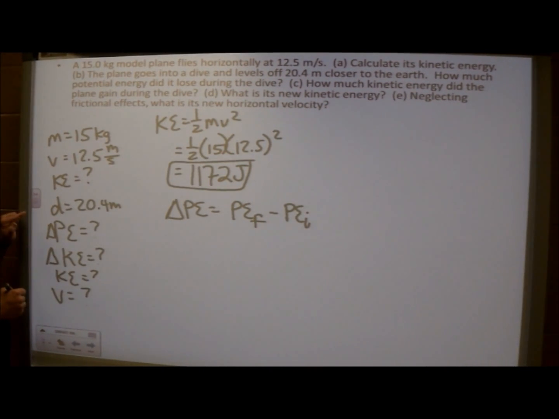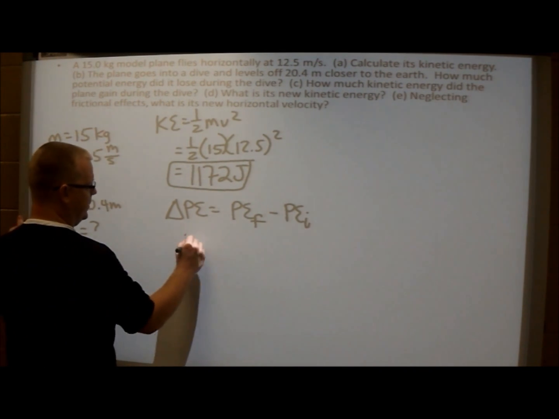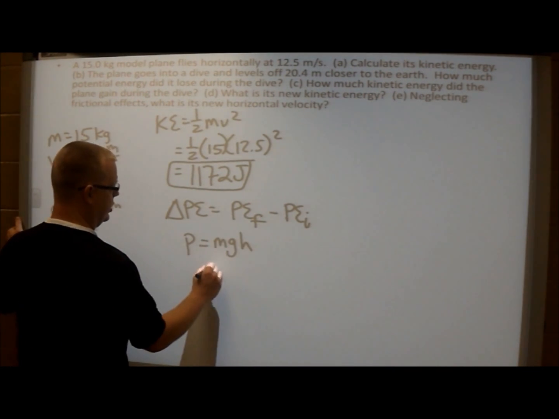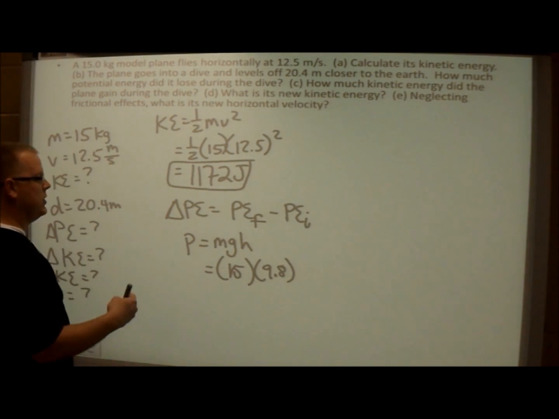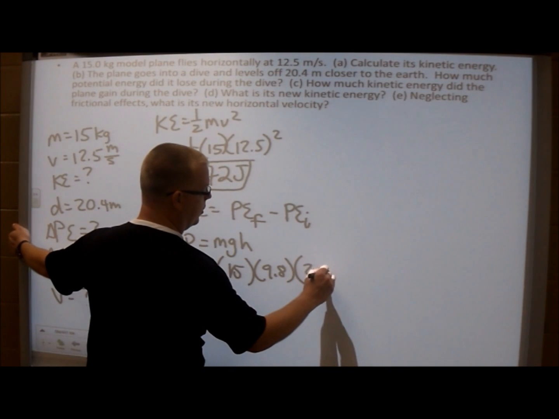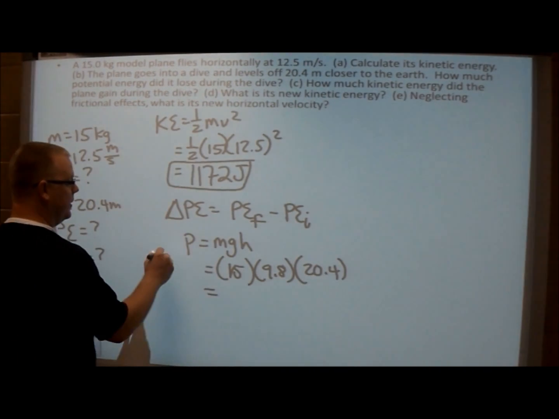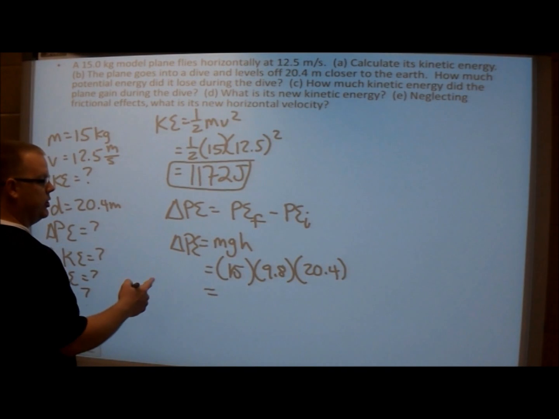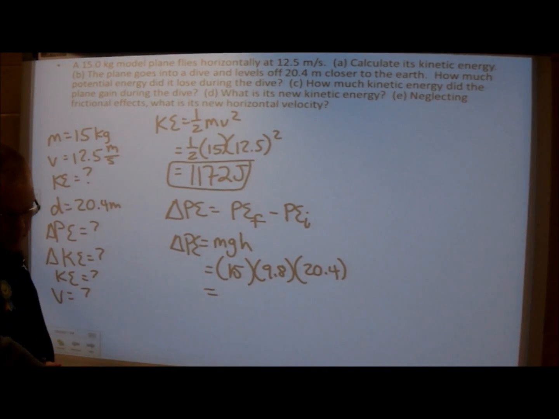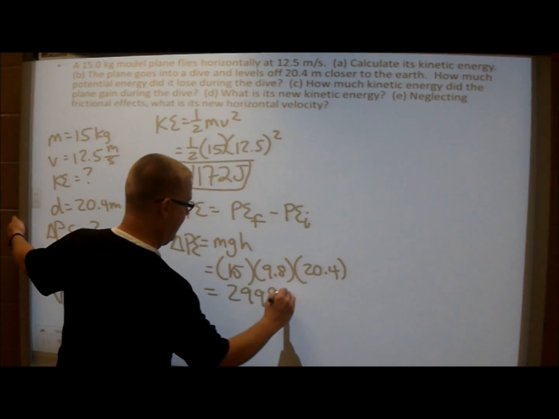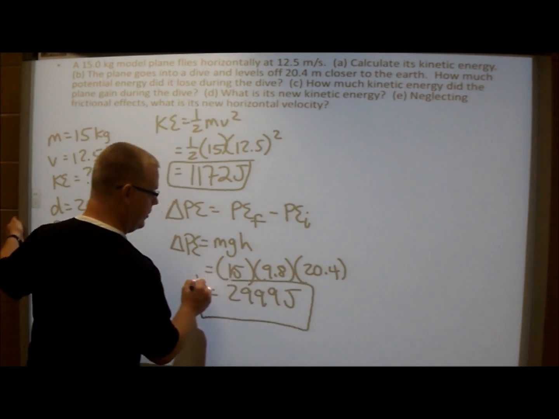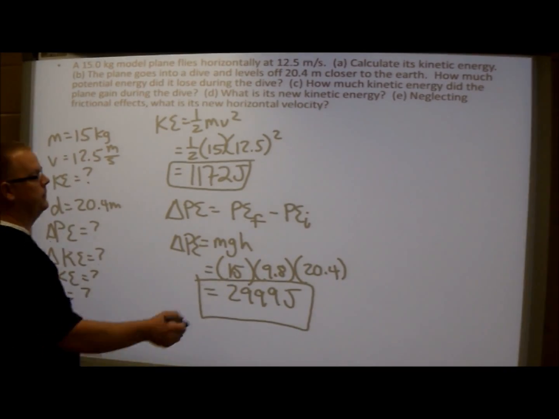The other thing that I can think about is, well, if I know the mass and I know the distance that it changed, what I'm going to say is potential energy is mgh, the mass is 15 kilograms, 9.8, and since the change in height was 20.4, this is going to give me the change in my potential energy. So my change in potential energy was almost 3,000 joules.